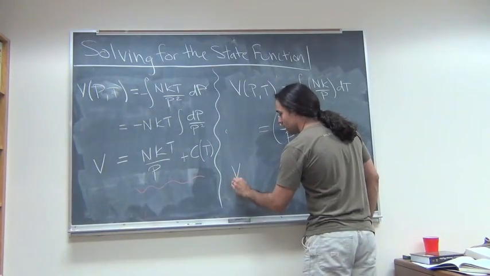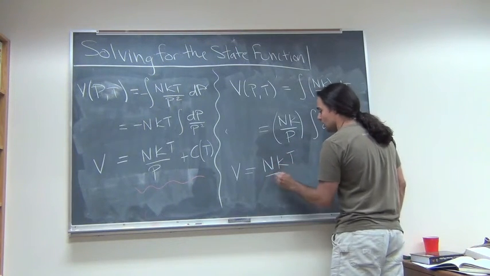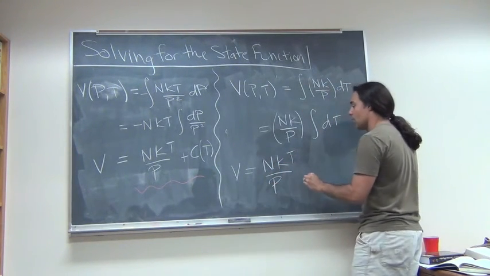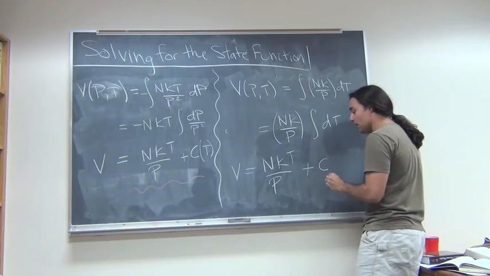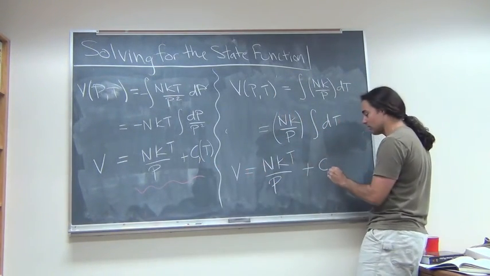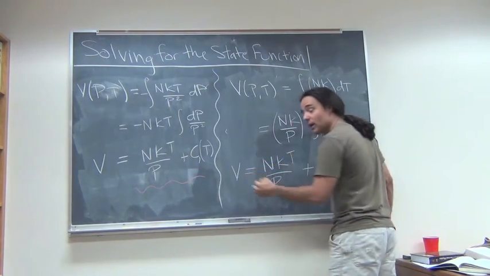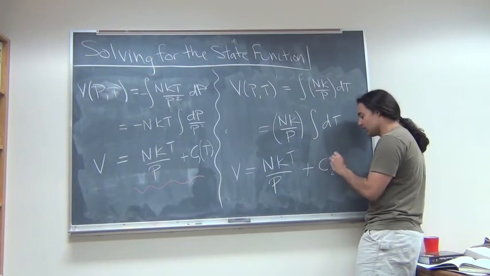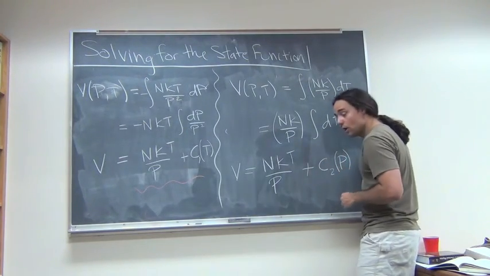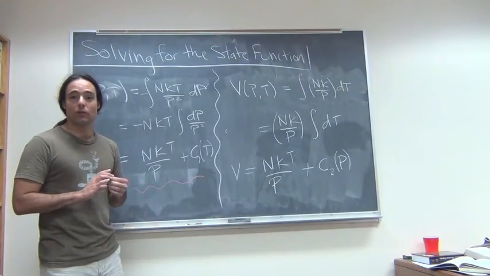So V is going to equal nkT over P plus a constant, but now I have a different constant, right? This was a different integral. I'll call that constant 1. This is constant 2. And just like T was a constant in that integral, P was a constant in this integral. So I have to pay attention to the fact that the constant could depend on P.